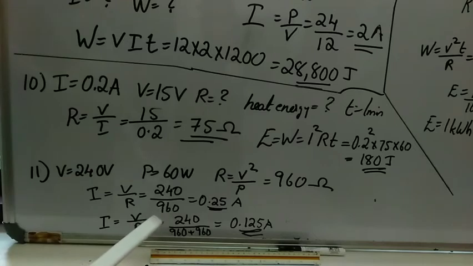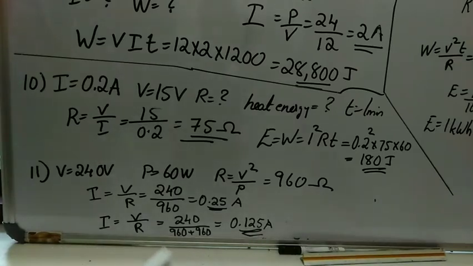Second condition they are saying, if two such bulbs are connected in series, what will be the current? Obviously when two same bulbs are connected, the current will reduce. So I is equal to V by R. Here you can see voltage is the same, no variation for the voltage. They are not specifying any change in voltage. Only change is resistance connected in series.